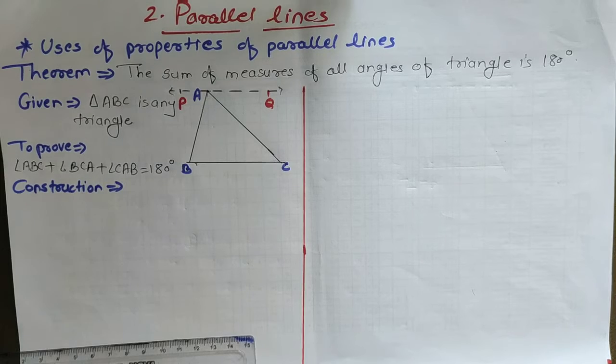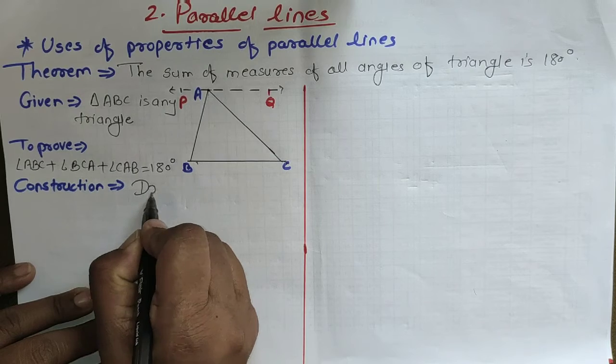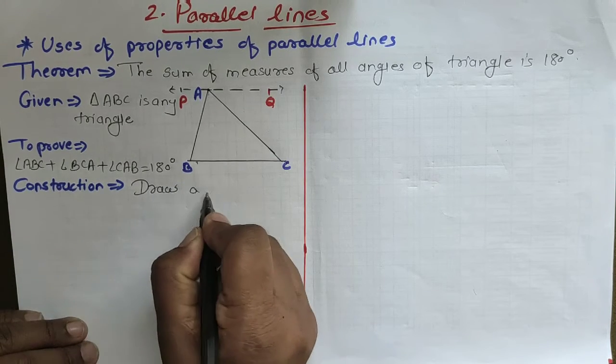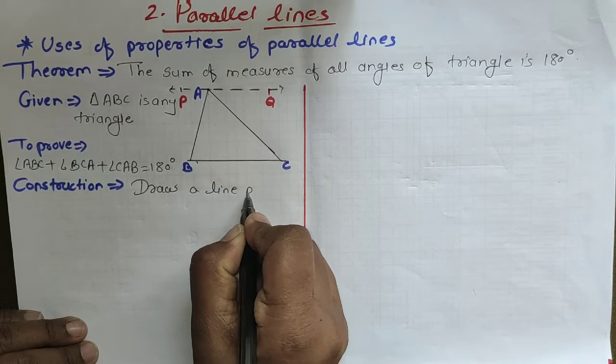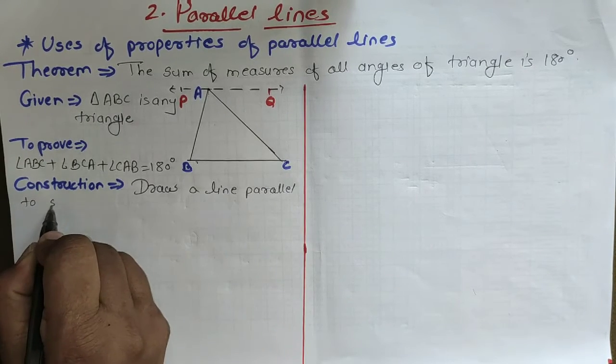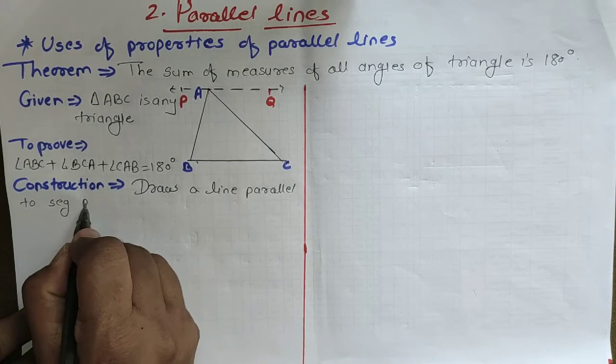Okay, now the construction I have to write. Draw a line parallel to BC.